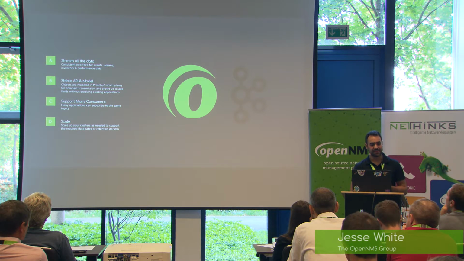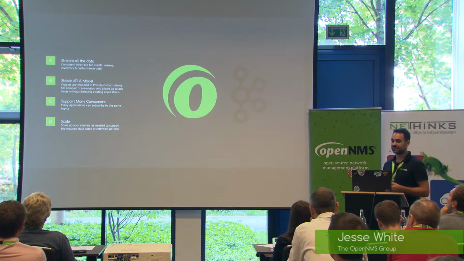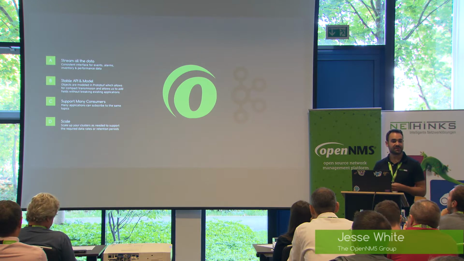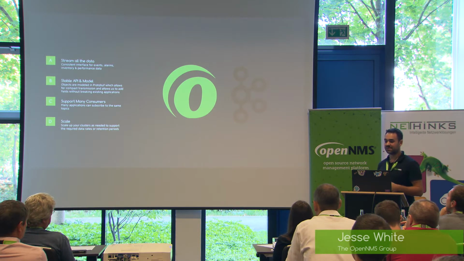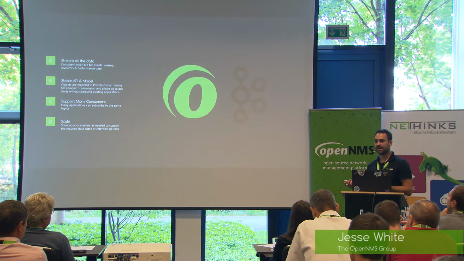We're also making sure that model is stable and can easily be used across versions of OpenNMS. For that, we've been using Google Protobuf, which makes sure the objects we're building are backwards compatible and allows us to make extensions and add data to them over time.